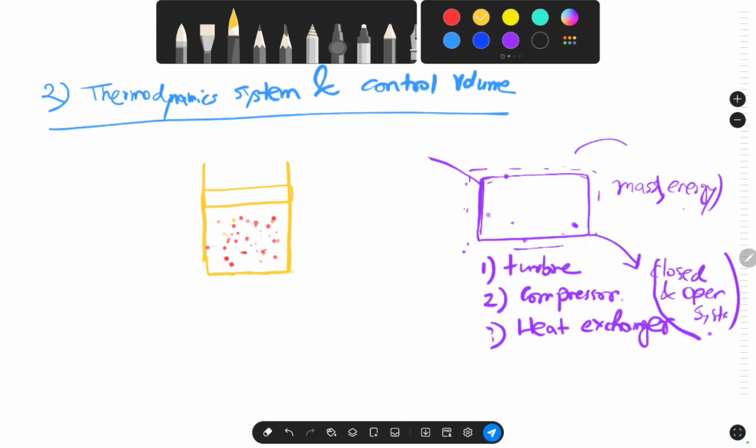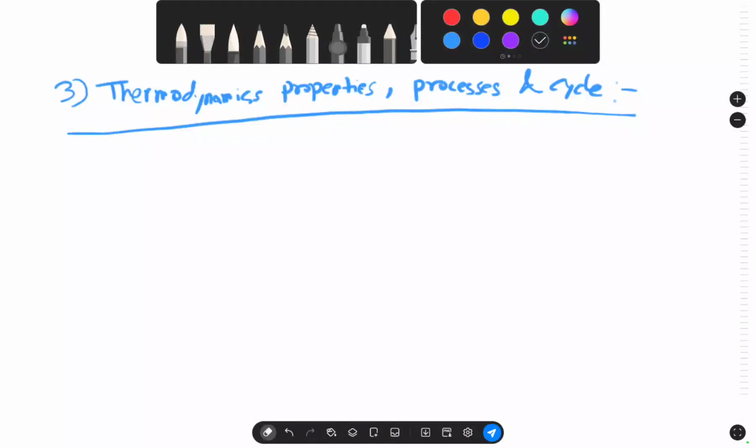So now, the next topic is thermodynamic properties and process cycle. Here we assume a particular system.